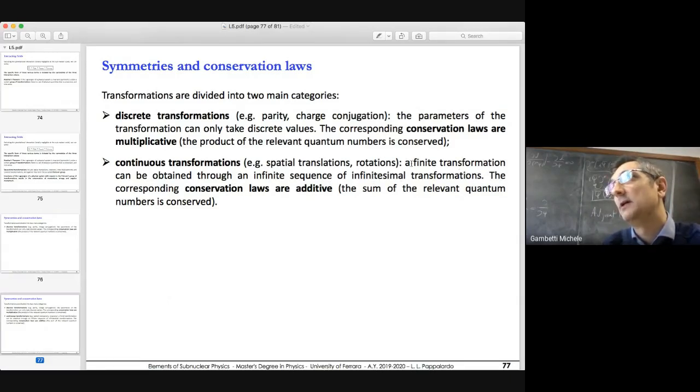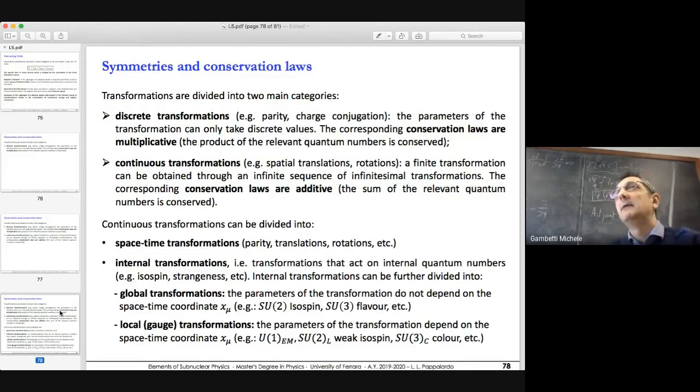So this you can only do with continuous transformations, but it cannot apply to discrete transformations. And in this case, the corresponding conservation laws are additive. That means that not the product, but the sum of the relevant quantum numbers is a conserved quantity in this case.